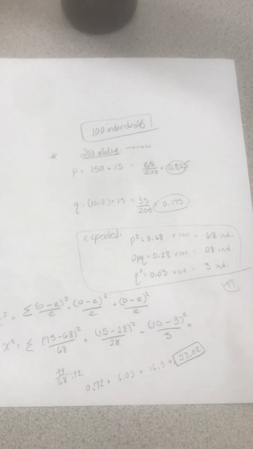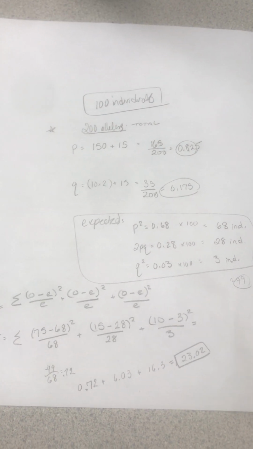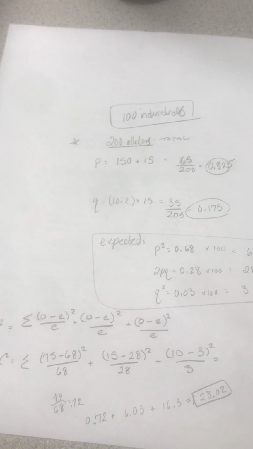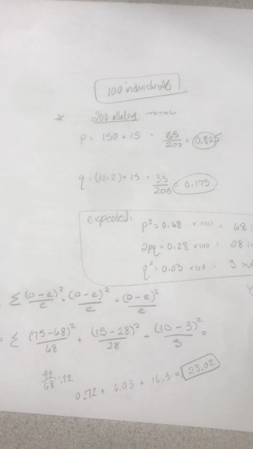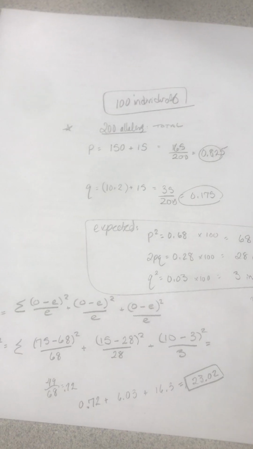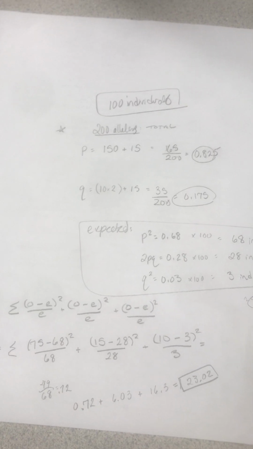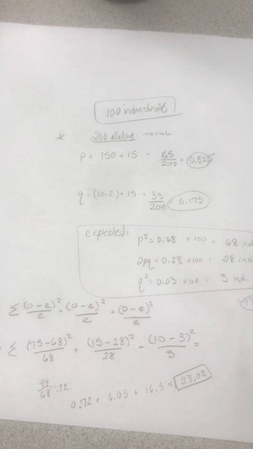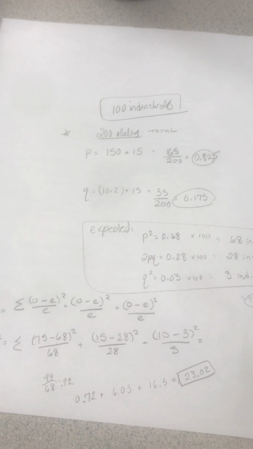Again, the reason to do this one differently with Hardy-Weinberg is that we know this is not in Hardy-Weinberg equilibrium. If it were, it's really easy to go to the recessive amount, take the square root of that, and you find your q. This situation is a little bit trickier.